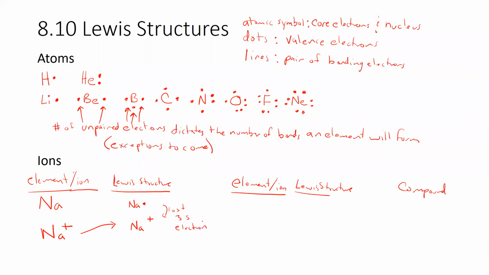It's lost that 3s electron, the only one that it had in its valence shell. So sodium went from 1 valence electron as an atom to 0 valence electrons as an ion, okay?